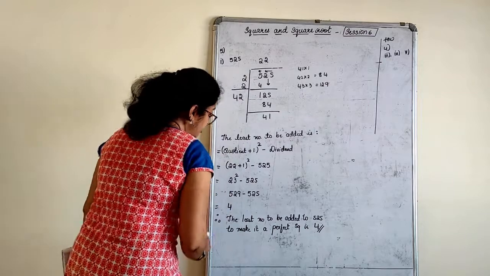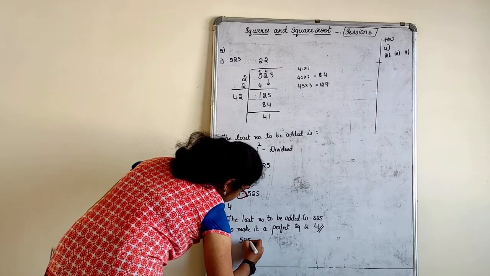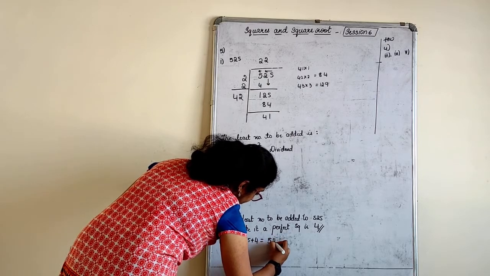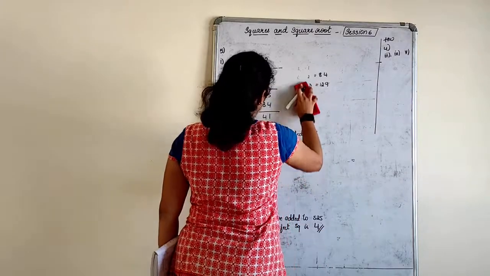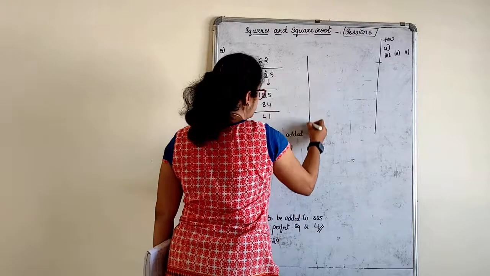Now add 525 plus 4 is 529. Find the square root of 529. We know it is 23, but still we have to find. Please do this below.